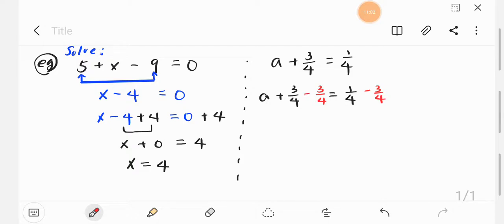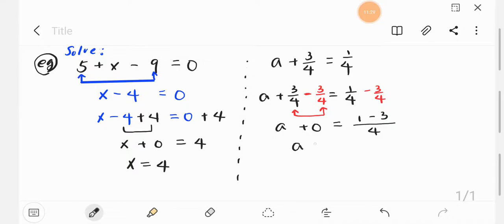Why do we subtract? Because a is together with plus. So when you add these two, this becomes 0, right? So a plus 0 is a. The left side is a plus 0, and the right side is 1 minus 3. The denominators are the same, like denominators, so you can subtract them.